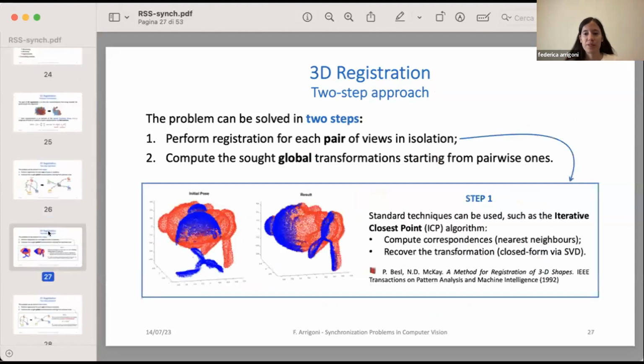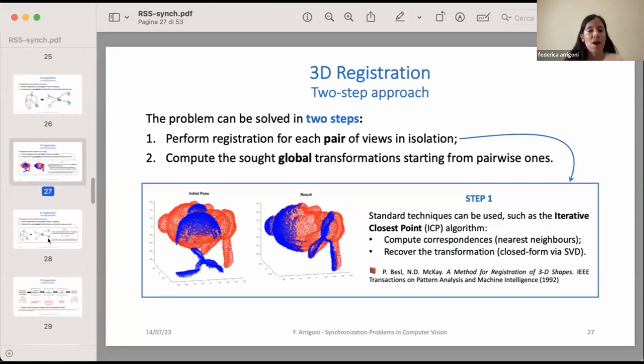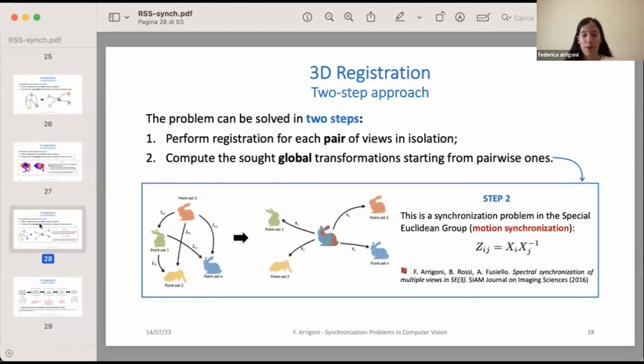As before, the first problem is something that is standard in the literature. There are many solvers, such as the well-known iterative closest point algorithm and even more recent methods. The second step instead is exactly a synchronization problem. In particular, this is called motion synchronization, and it is formulated in the special Euclidean group.